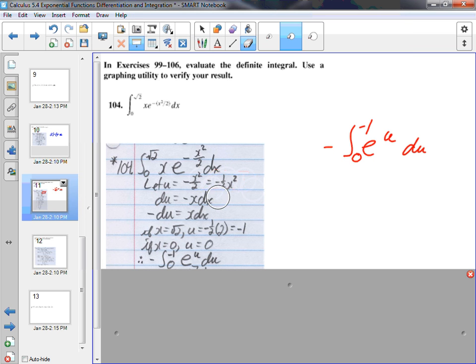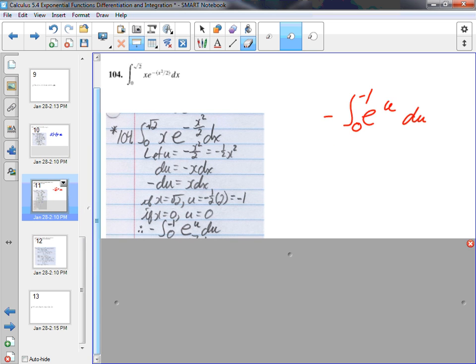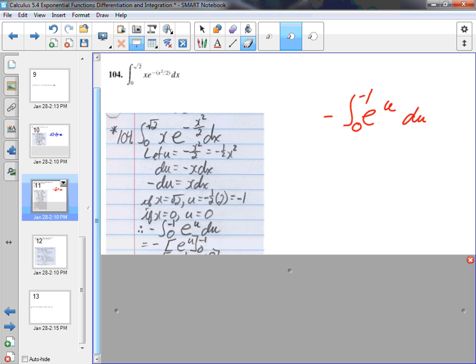So we have negative the integral from 0 to negative 1. Does it bother you a little bit that it's from 0 to negative 1? Yeah, well, get over it. You could change it. You could flip your limits of integration and get rid of that negative sign in front. But here's the nice part.